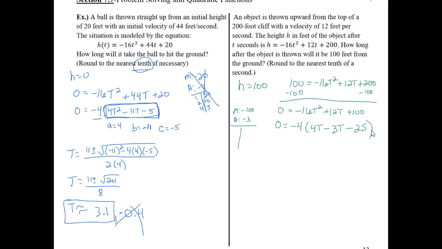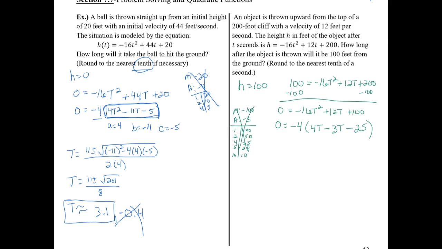Well, the only factors of 100 are 1 times 100, 2 times 50, 4 times 25, 5 times 20, let's see, not 6, 7, 8, 9, 10 times 10. If I'm looking at all these factors, no matter where I put a negative, I'm not going to get it to add up to negative 3. So again, this is not factorable.